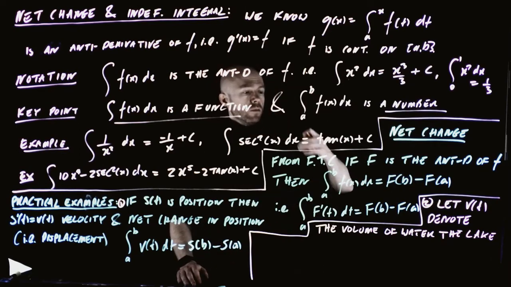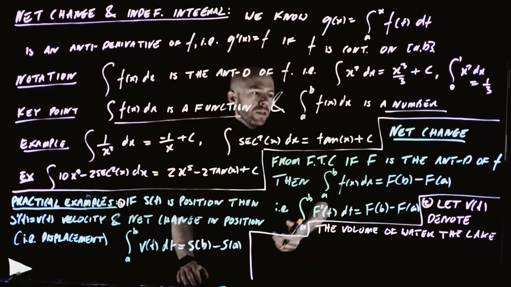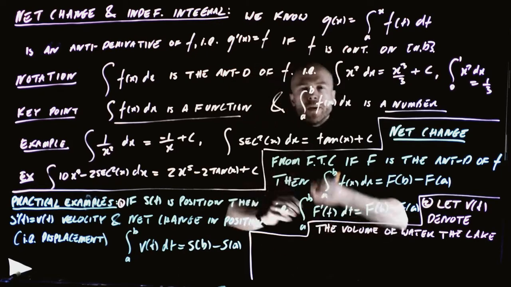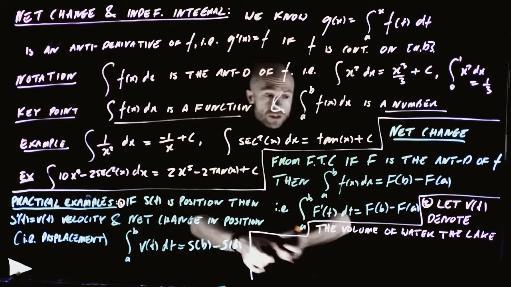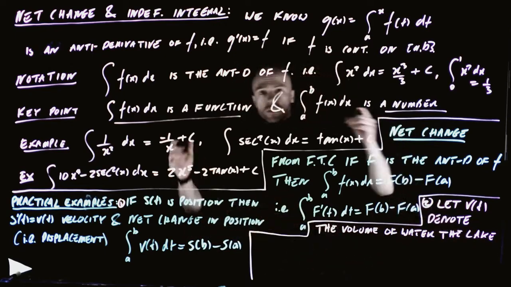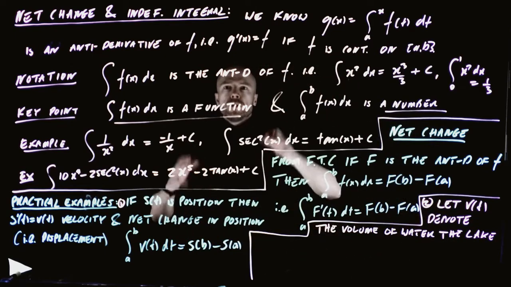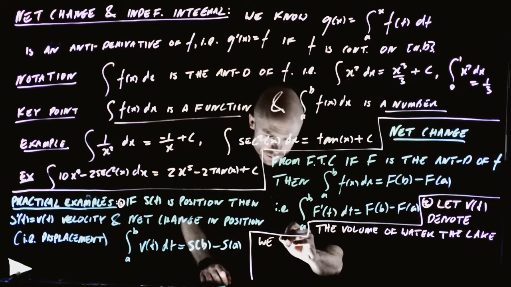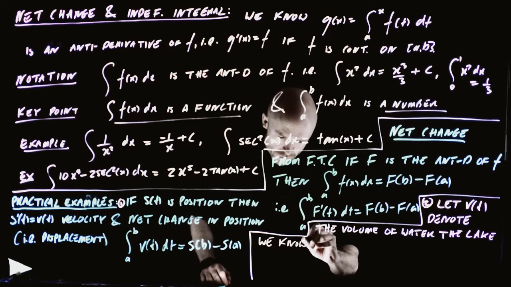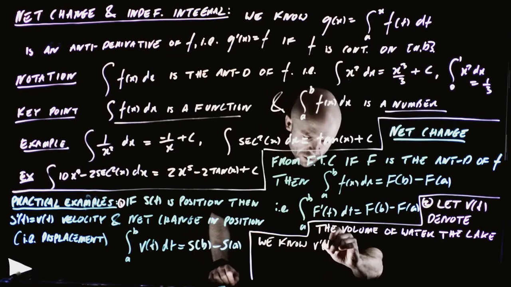So this is the volume of the water in the lake. Yeah? And as I've just described, we will know what the rate of change of that quantity is, because we control how much flows out, we control how much flows in, we record how much drops in from the sky. So we know what V prime of t is, right?